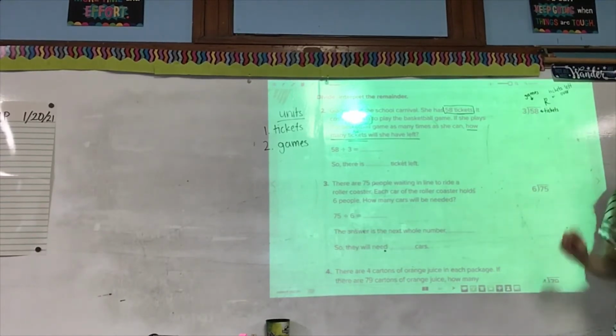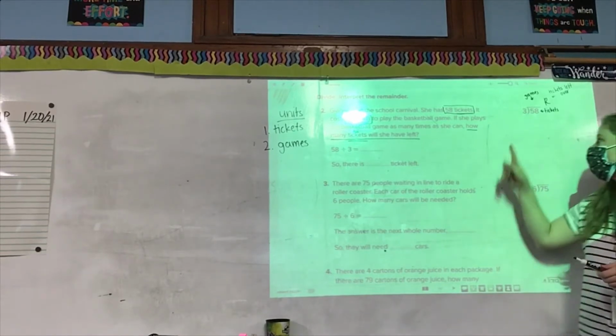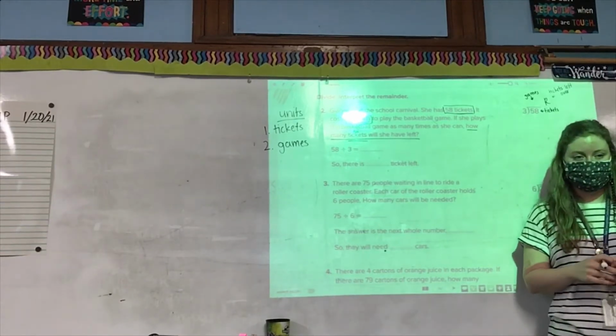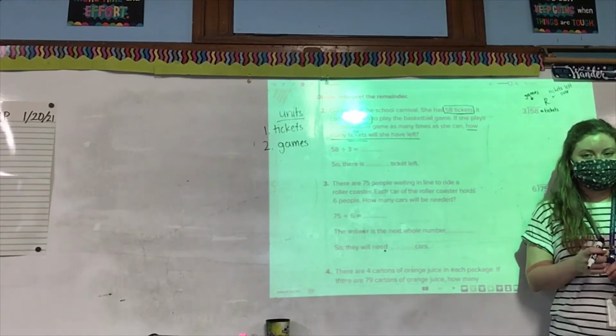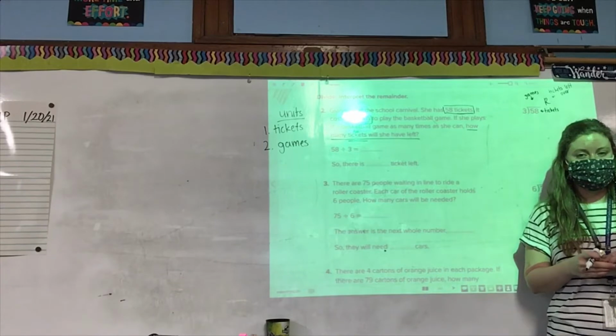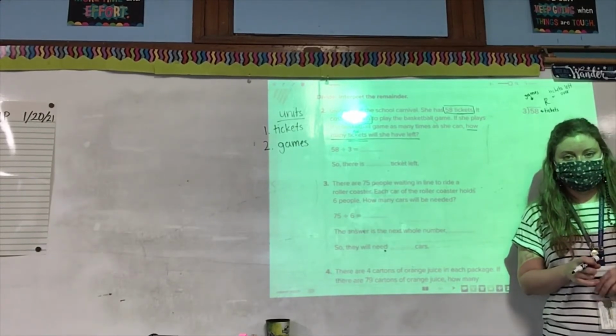What does the 3 represent? It's more than just tickets. How many tickets are going into each group?